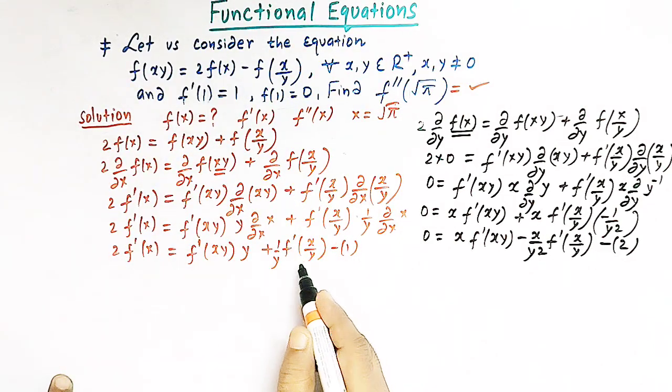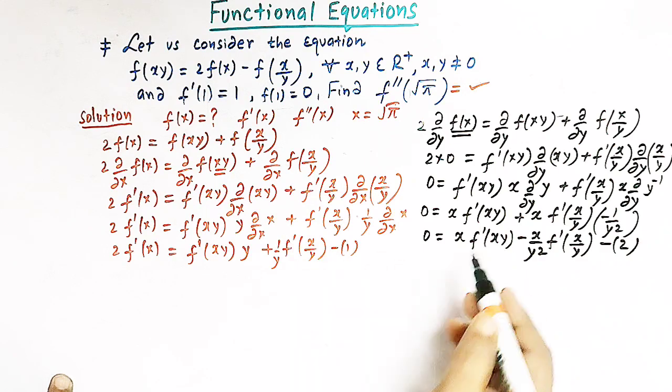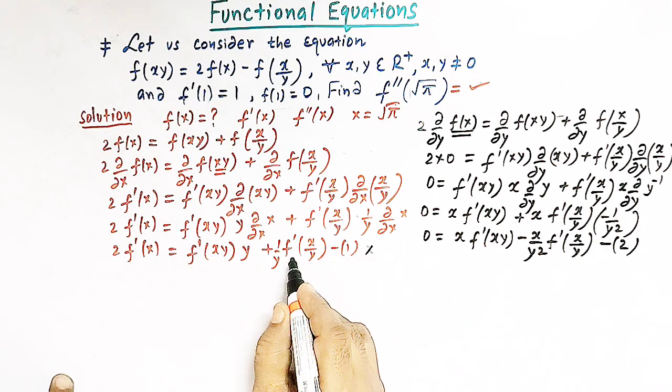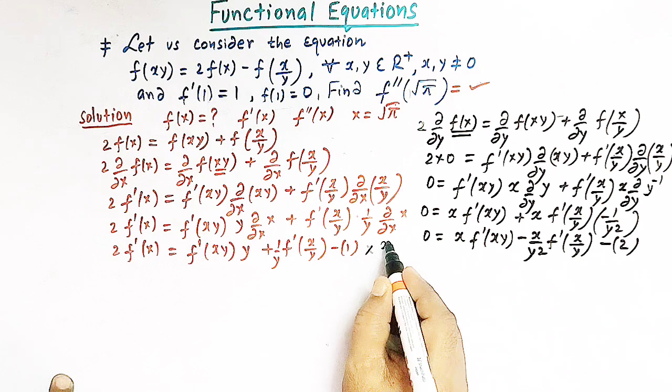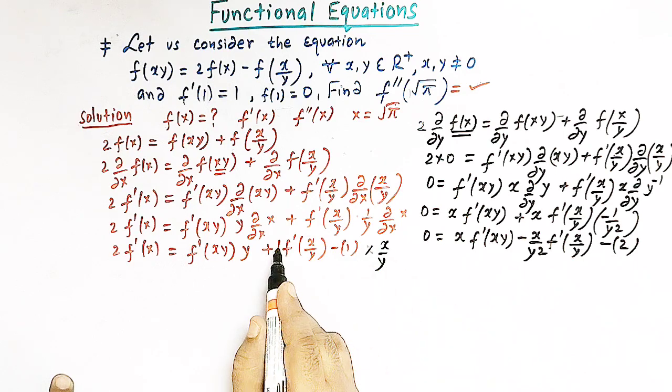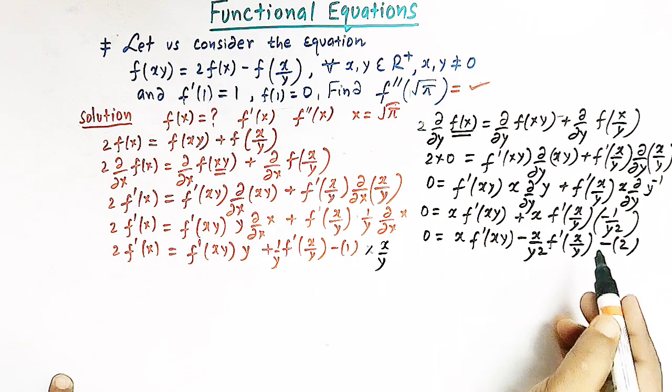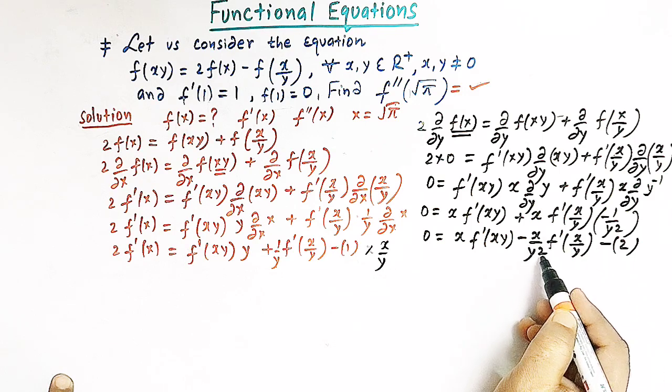So now let us solve these two equations, and here we'll solve these two equations by elimination method. So let us multiply this equation with x over y, so that here we get x over y square, and here also we have x over y square.